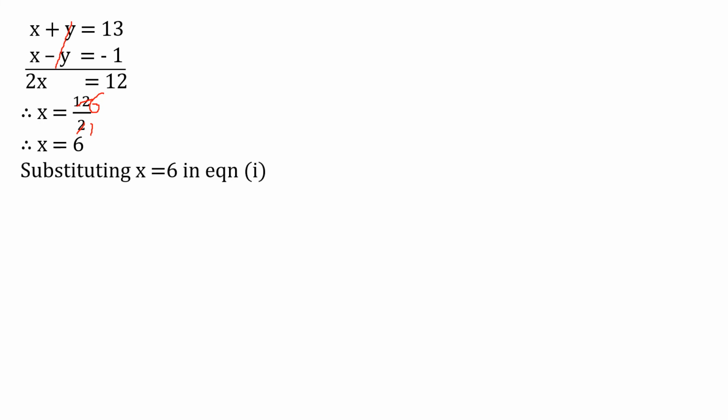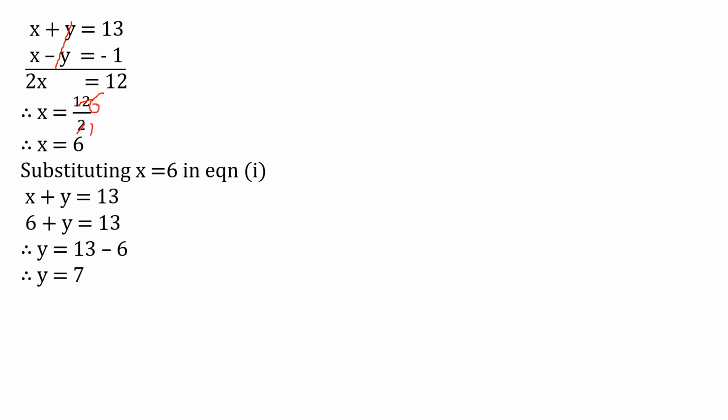So substituting x equal to 6 in equation 3, x plus y equal to 13. So substitute in this: 6 plus y equal to 13. So the value of y equals 13 minus 6. Therefore, y equal to 7.